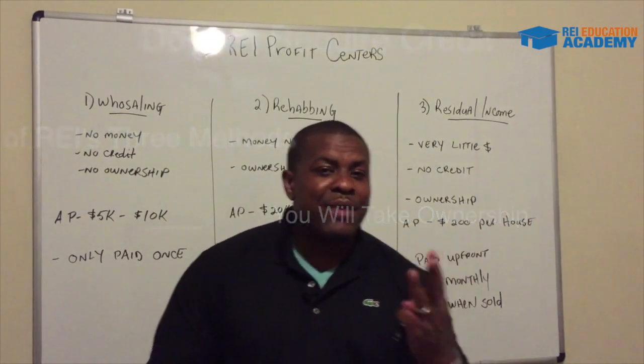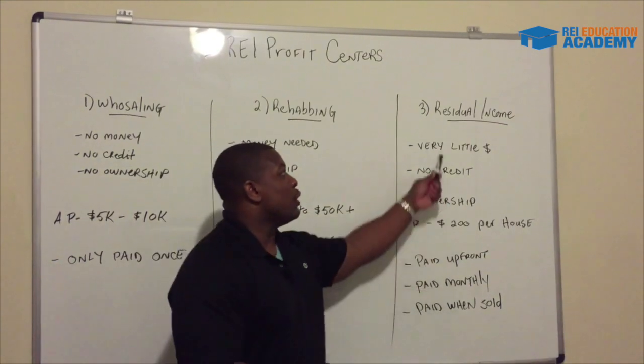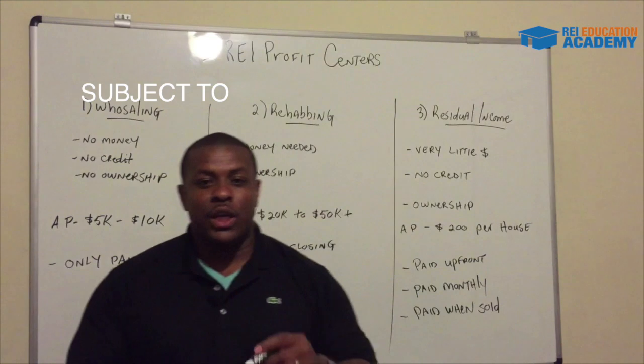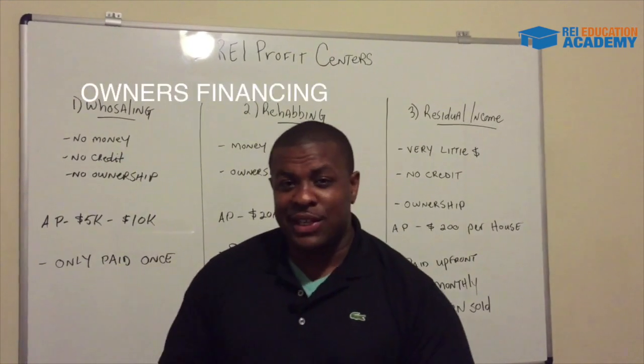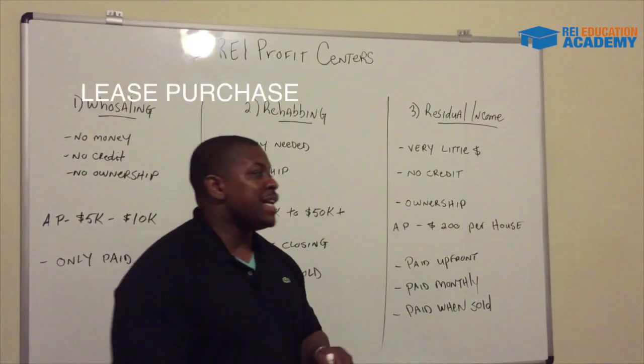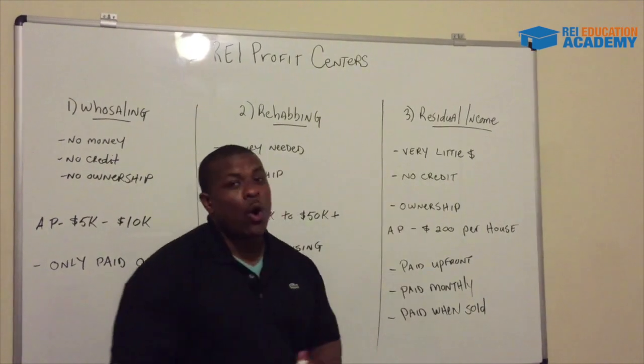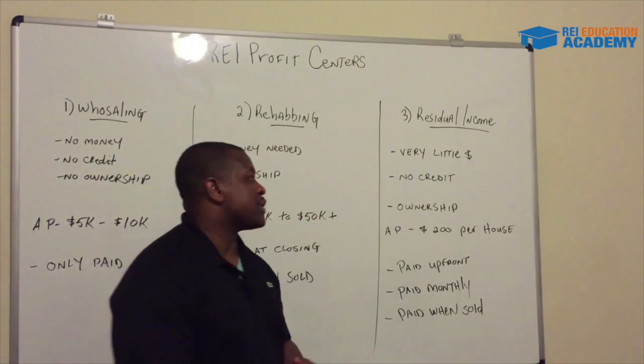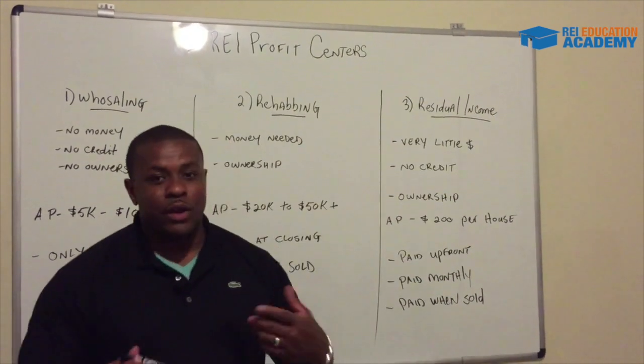Okay, now the 3 methods that you can use when it comes to residual income are subject to, owner's financing, or lease purchases. Now, you won't take ownership if you're using a lease purchase, but obviously you will have control of the property with the other 2.